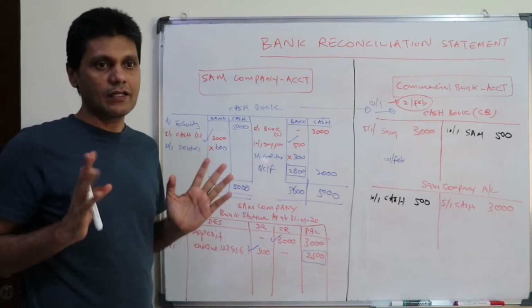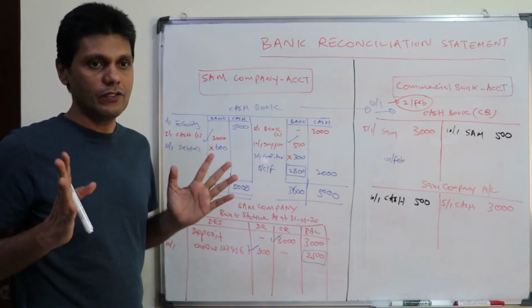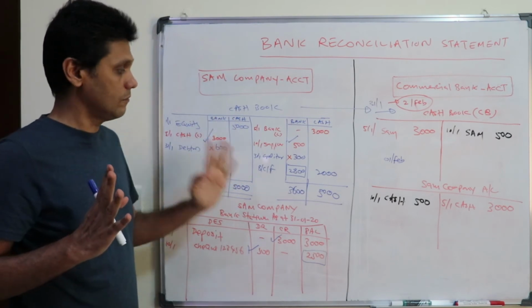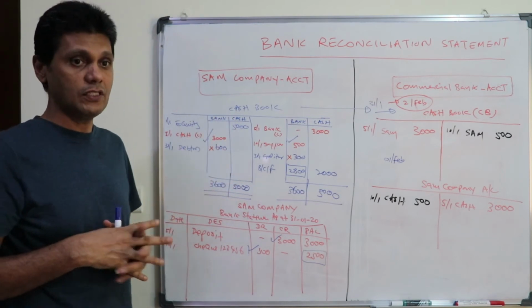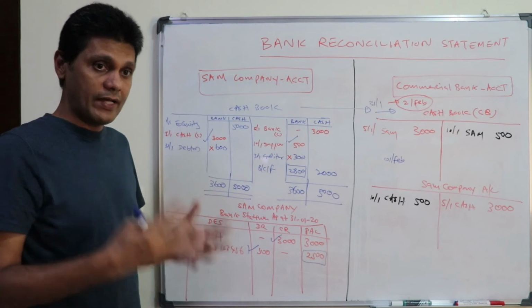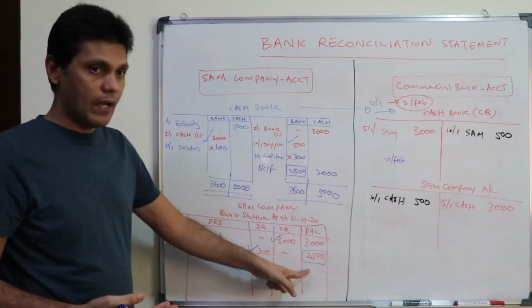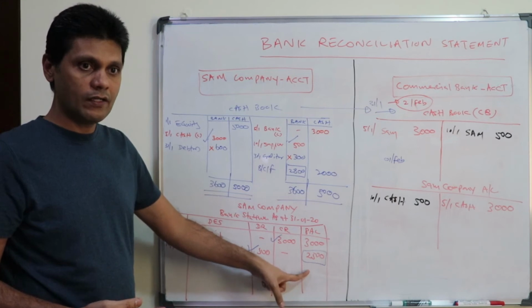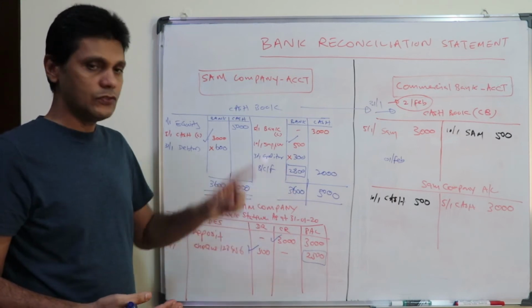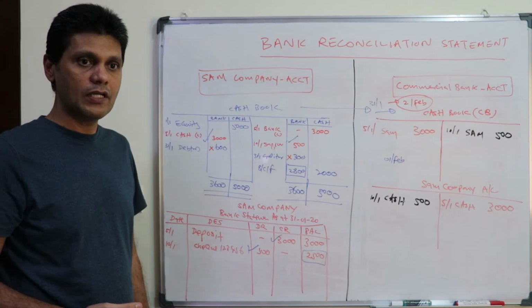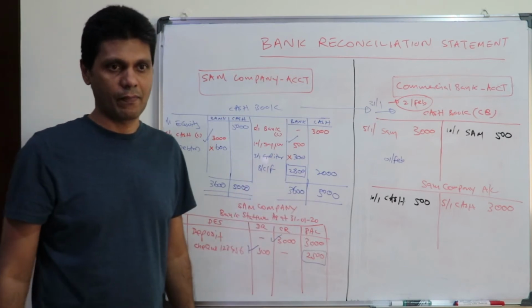Is that clear? Okay. Now we identified the difference. We know as an accountant. Supposing your finance manager or CFO comes and asks, bank statement shows 2,500, whereas your cash book shows 2,800. What is the difference?